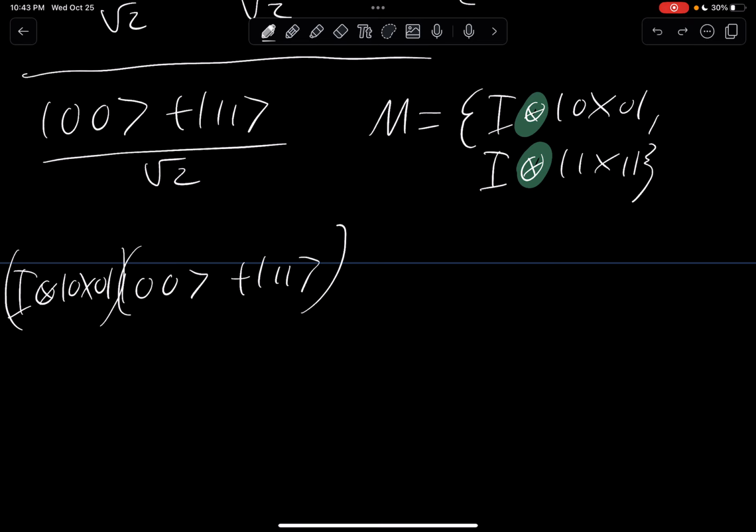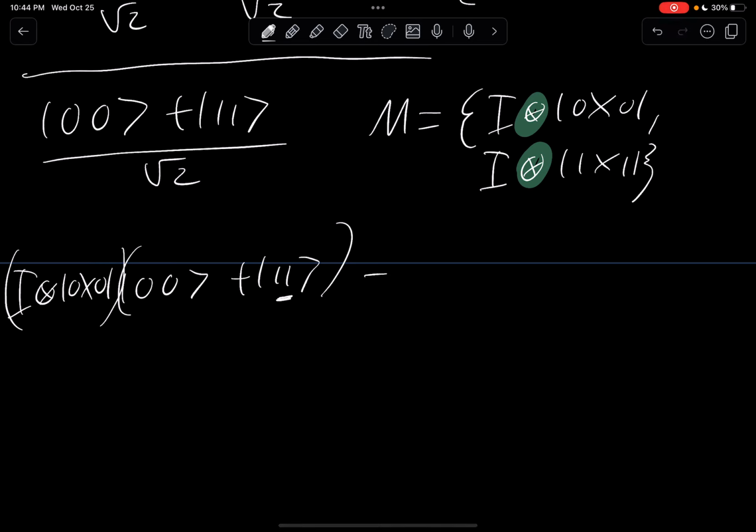Okay, so that's a little bit boring. But we know from what we saw previously that this guy will act on the second qubit here and the second qubit here. Well, we saw before that applying that to this guy will kill that part, because we had that ⟨0|1⟩ was equal to 0.